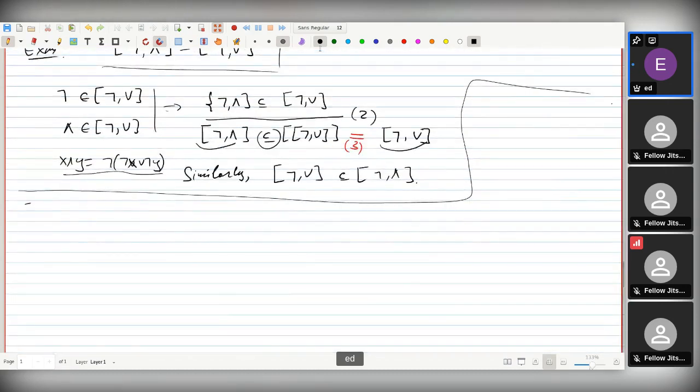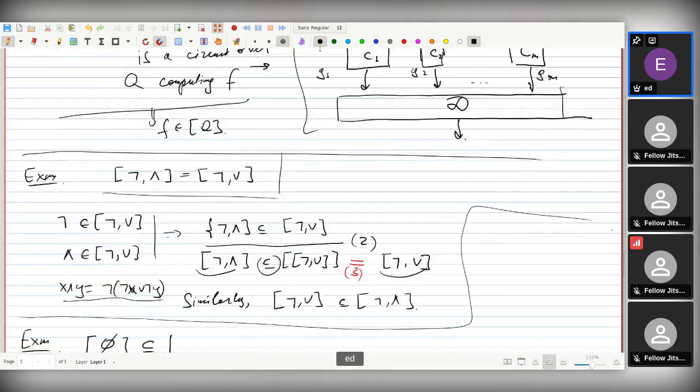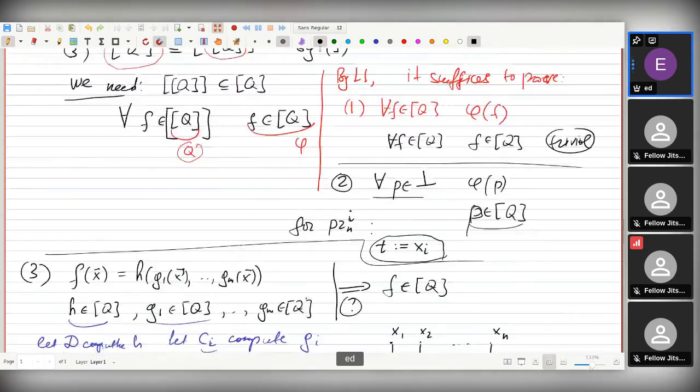Another example is what we finished our previous lecture with. So that everything you may compute from the empty set is a projector. We know that every projector is computable from every Q. Here it is. Here is the proof.